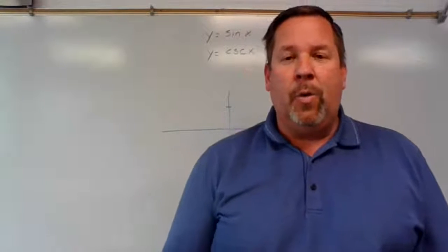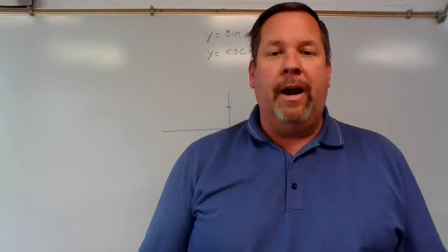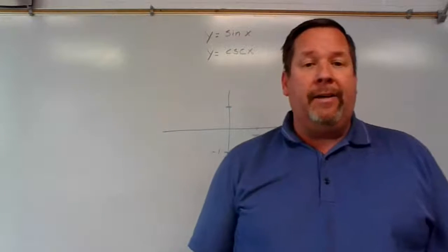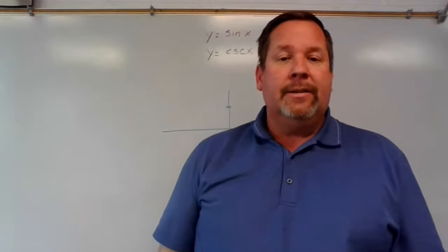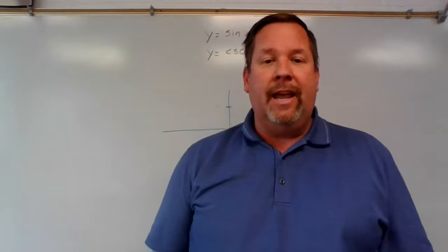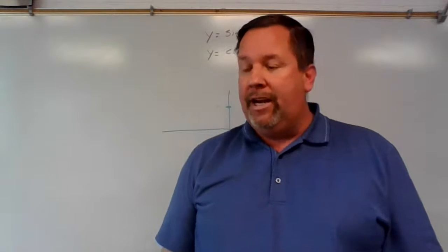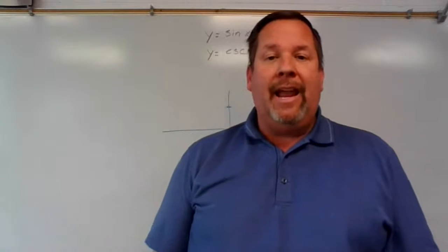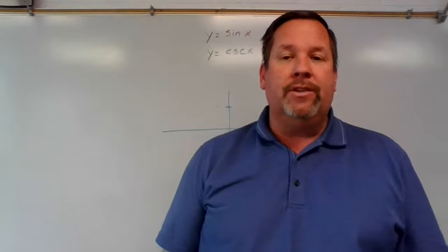All right, so we are trying to wrap up our exploration of all of these trig functions. Spent a lot of time previously doing sine and cosine functions. And in the last video, the first part of this lesson 4.6, we looked at tangent functions and cotangent functions.